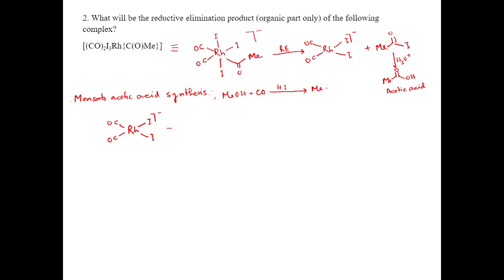It forms MeCOOH, right? So how is it happening? The first step is that MeOH plus HI reacts and forms MeI, methyl iodide.